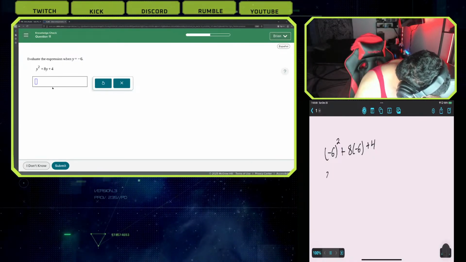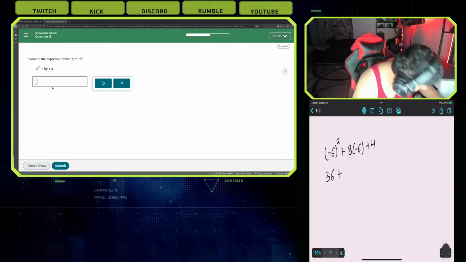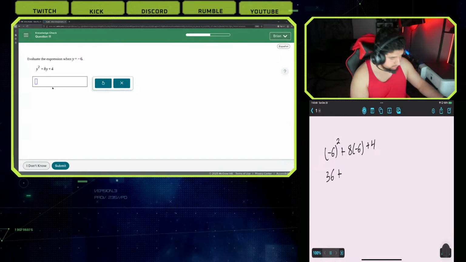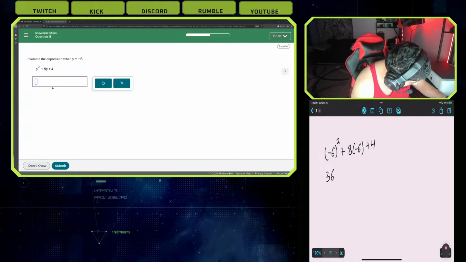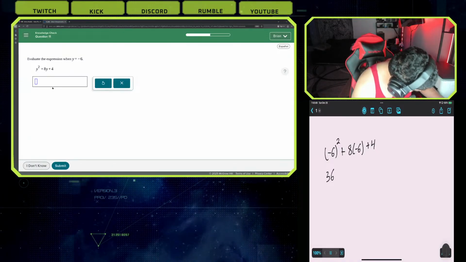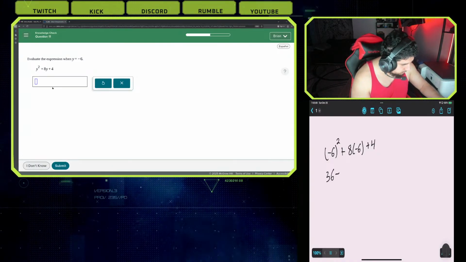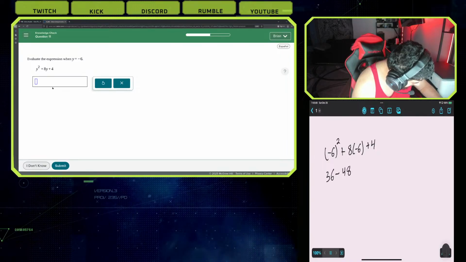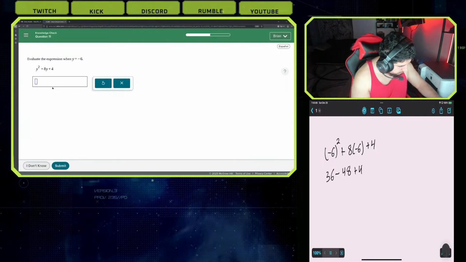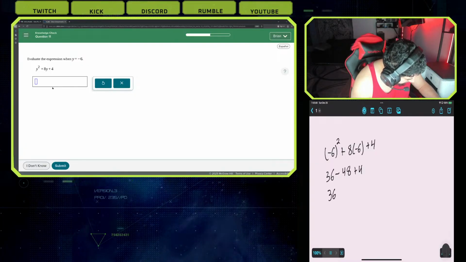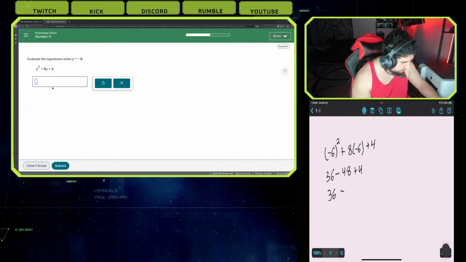What is 6 times 6? 36, plus 8 times 6, that's going to be a negative, so we can change the symbol to a negative. 8 times 6 is 48, and then plus 4. So 36 minus, what is 48 plus 4?